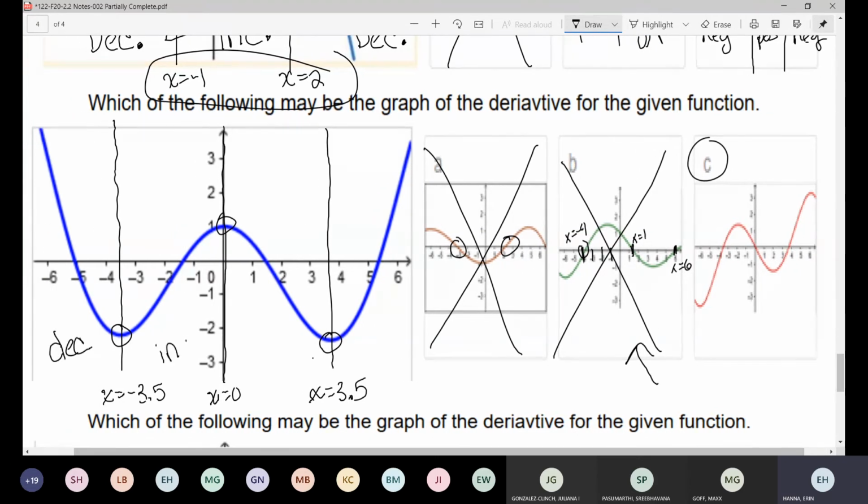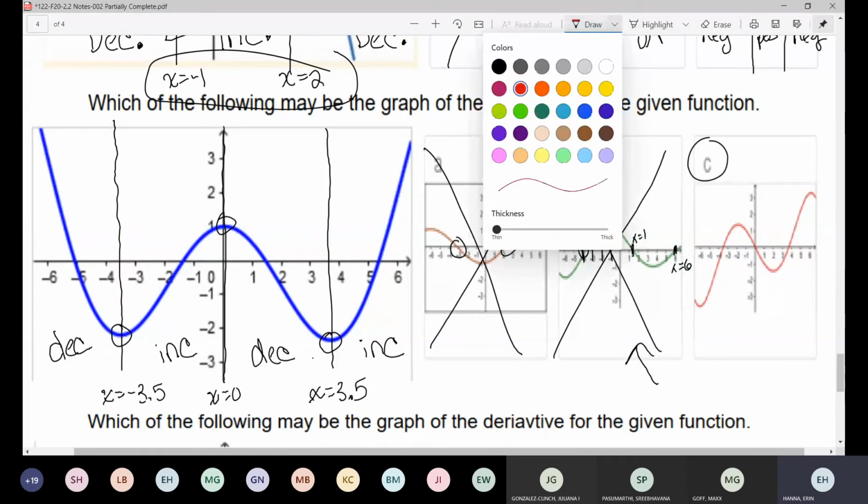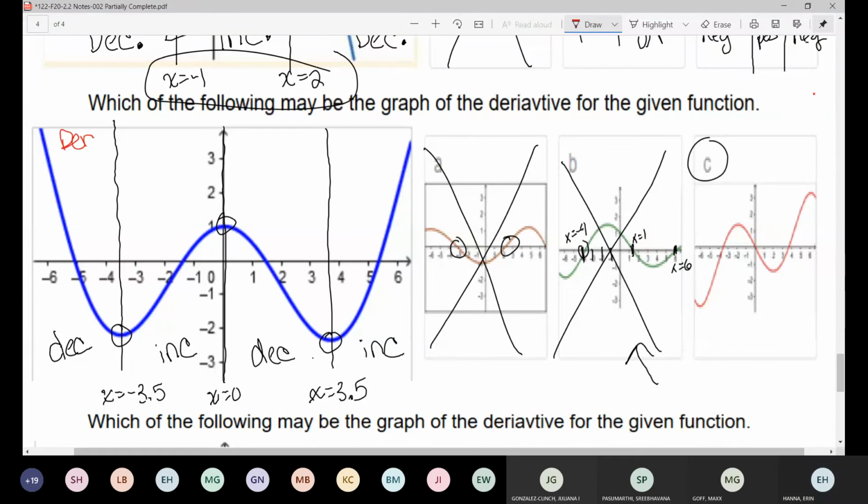So again, that's when you would come back to the original function and say, well, we're decreasing, increasing, decreasing, and increasing. So if we think about what that means for the derivative, we would need a derivative that's negative, and then positive, and then negative, and then positive.